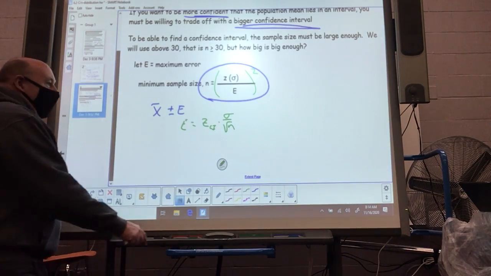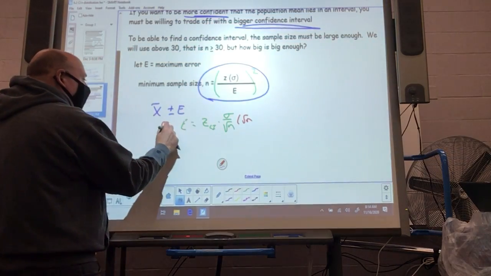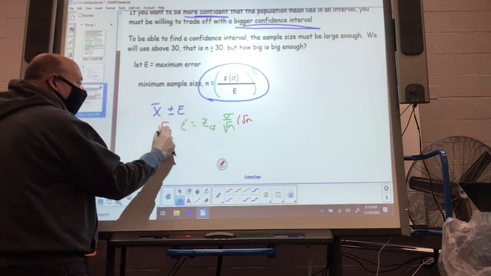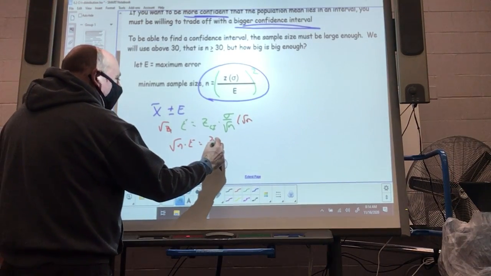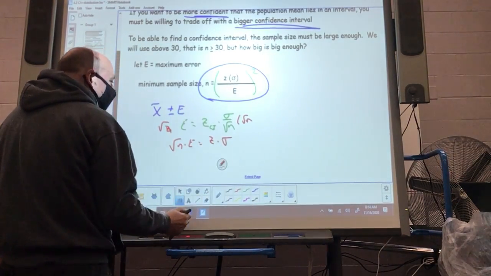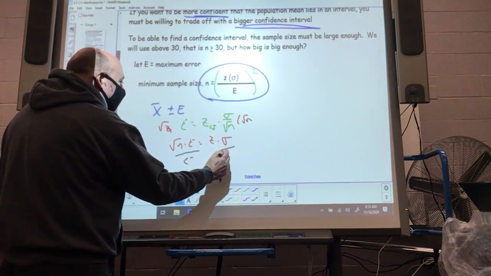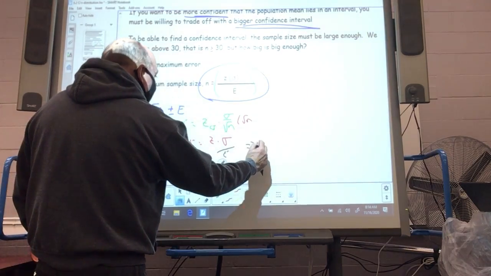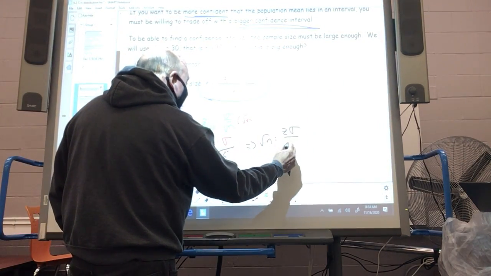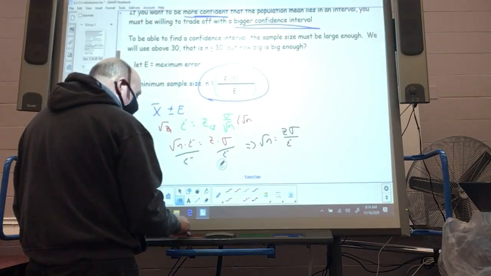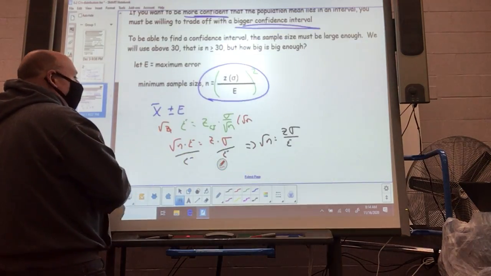And how this is derived is basically multiplying both sides by square root of n, and then dividing by e. So we have square root of n is equal to z times standard deviation divided by our error. And then we square both sides.